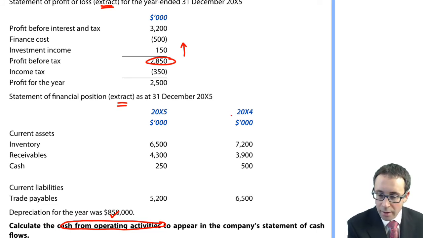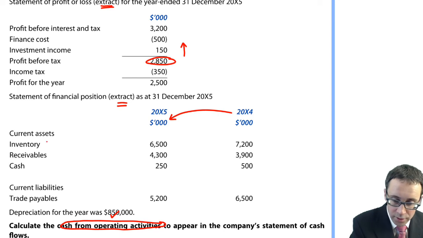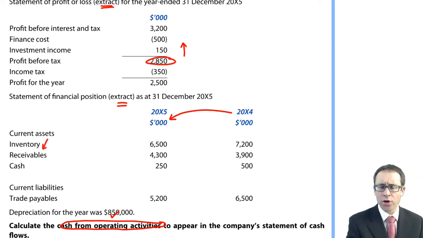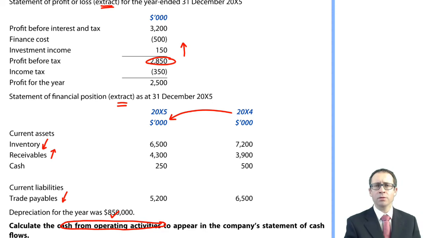Make sure that you're going the right way. X4 is the opening, X5 is the closing. So you can see there is a reduction in inventory, an increase in receivables, and a reduction in your payables.